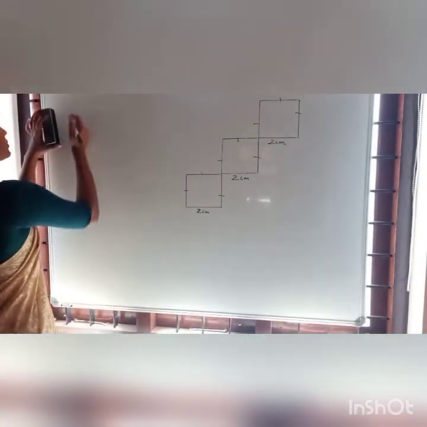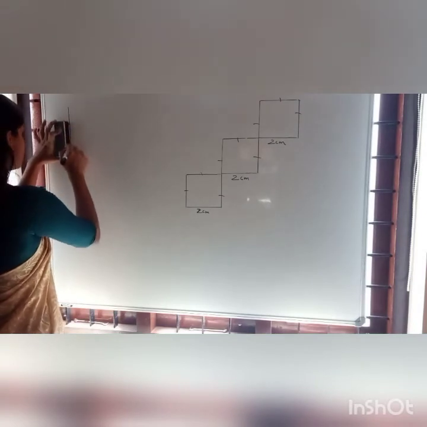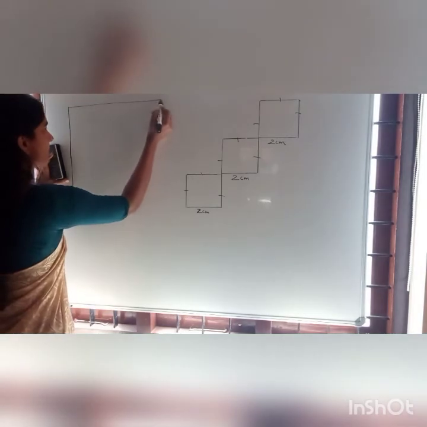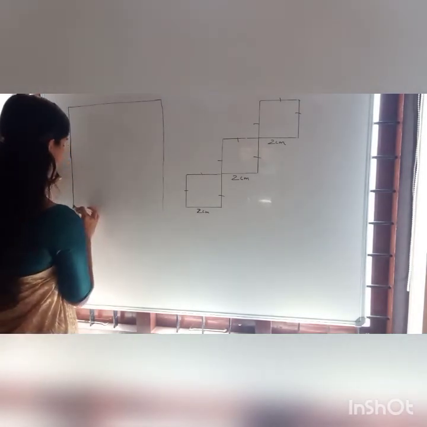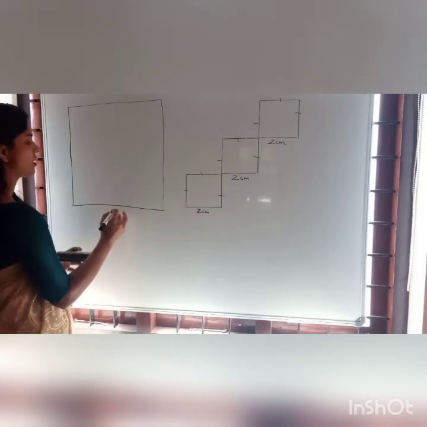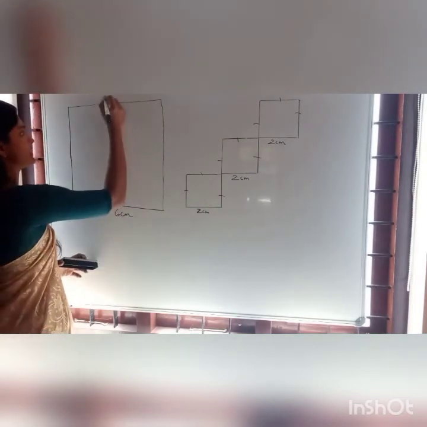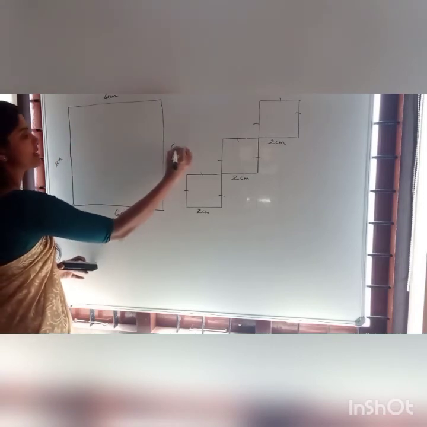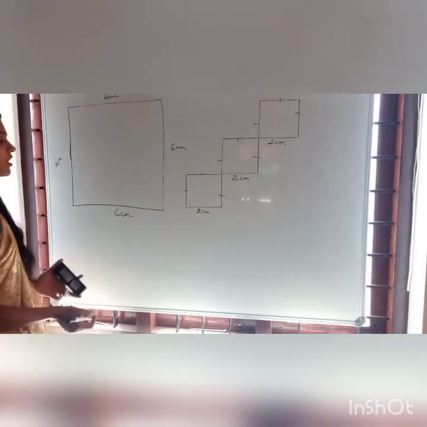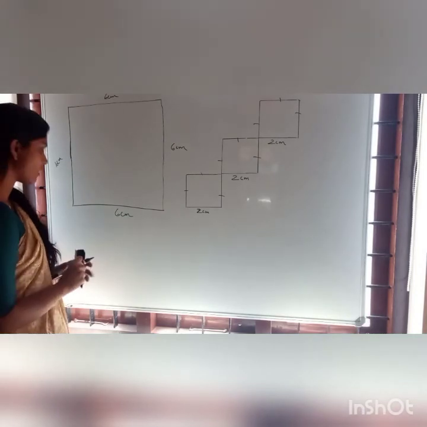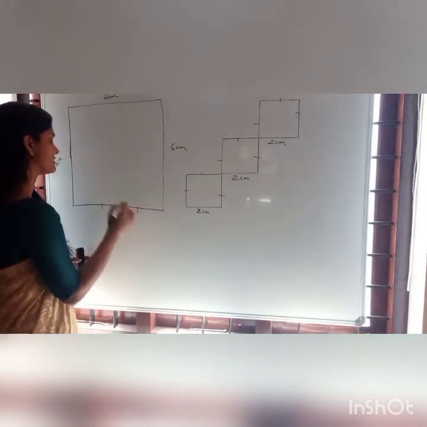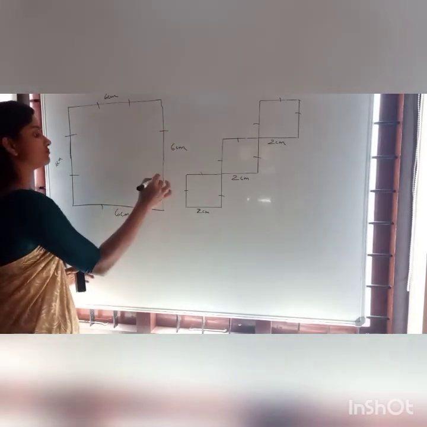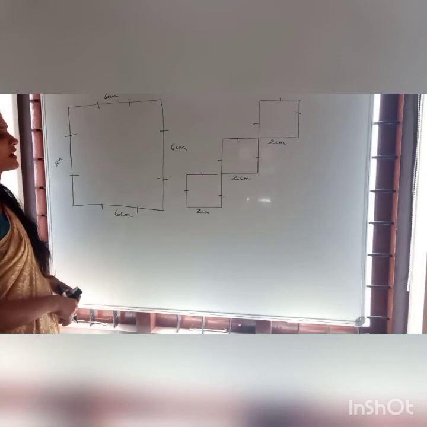So, first you draw a big square of 6 centimeter, with all sides as 6 centimeter. Okay. Now take your scale, mark 2 centimeters on each of the sides. Okay, why?